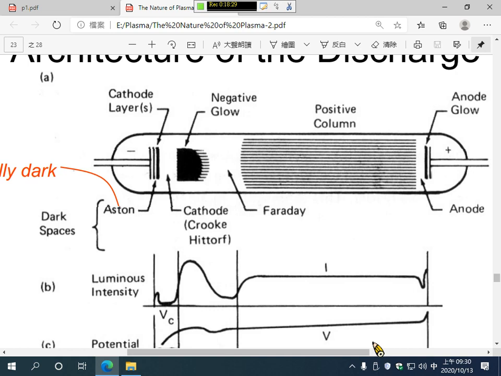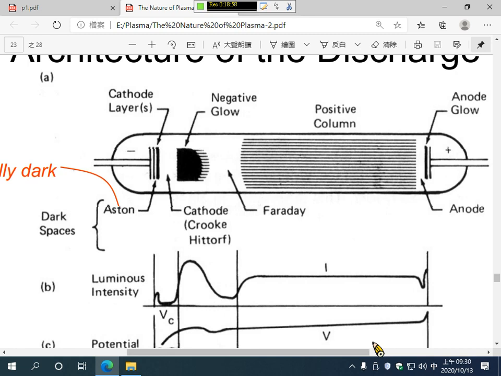The electrons in this high energy tail contribute to the ionization and excitation in the positive column.